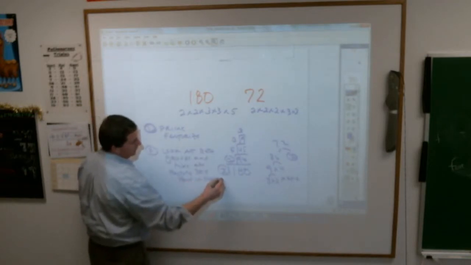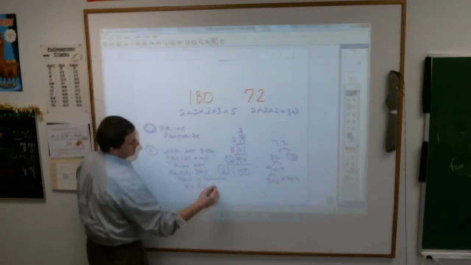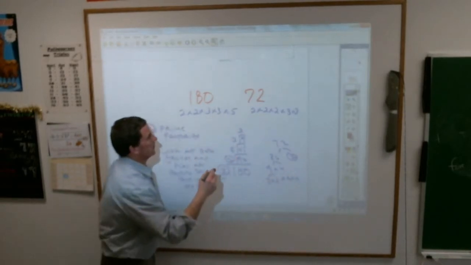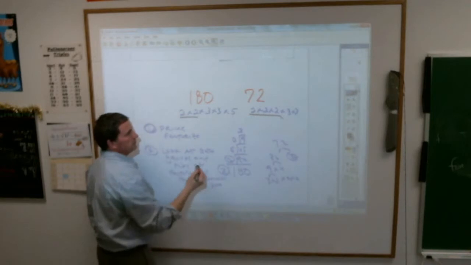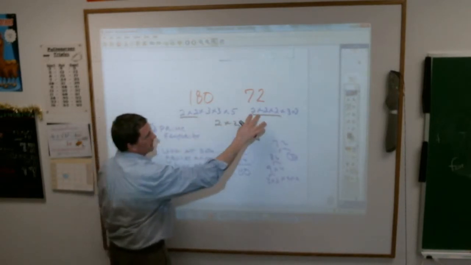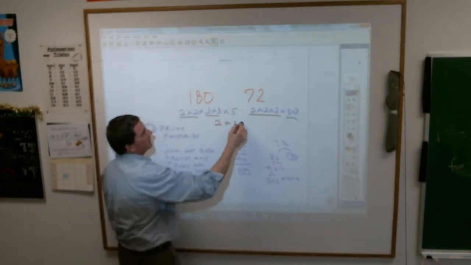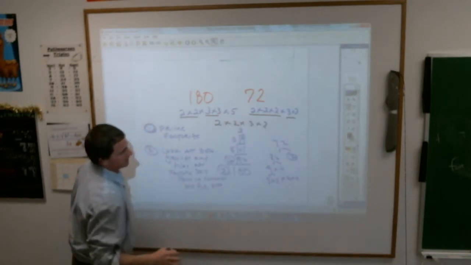But you can only do it one for one, which simply means this. This one has 2 2s and that has 3 2s, so they have 2 2s in common. This one has 2 3s, this one has 2 3s, so they have 2 3s in common. They don't both have 5, so that's all they have in common.